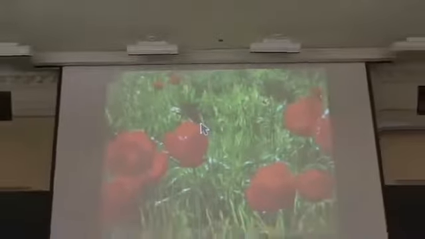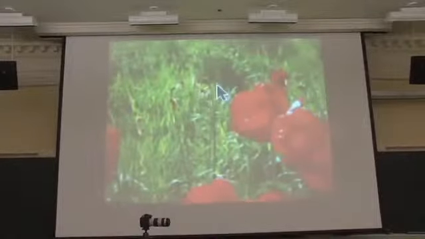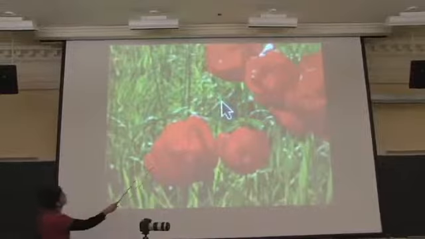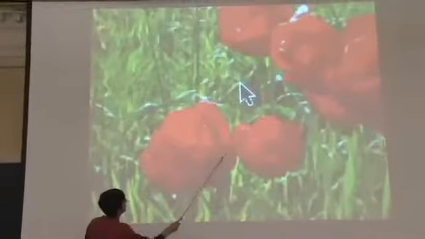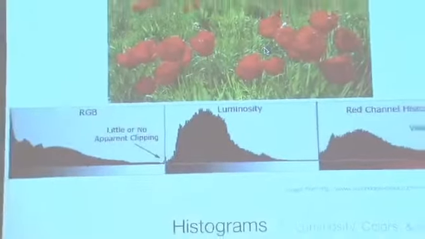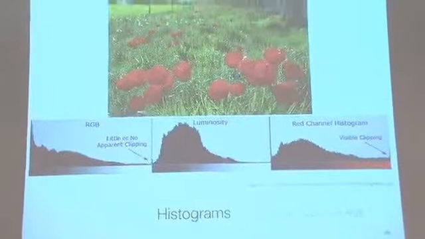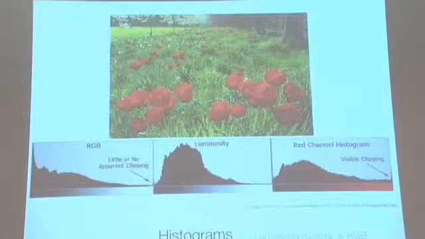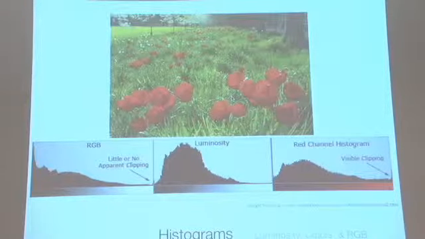If we look at the detail that exists within some of these flowers, you can see the shape of the flower, and here you can see some of the detail, but in some of these very bright regions, you've lost the detail in that flower. So yes, it looks bright, and yes, in this case, it looks properly exposed, but we've actually lost some of the detail that's most important to this photograph, the actual flowers themselves. So this is something that you have to be watchful for.